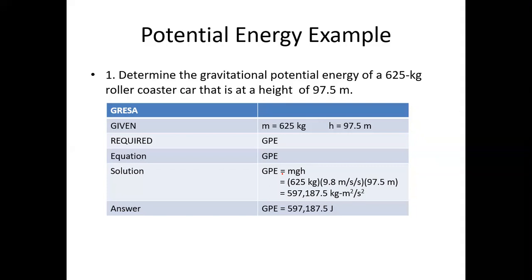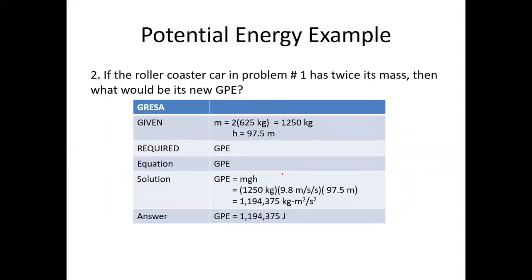The tentative answer is 597,187.5 kilogram meter squared per second squared. And the final answer is 597,187.5 joules.